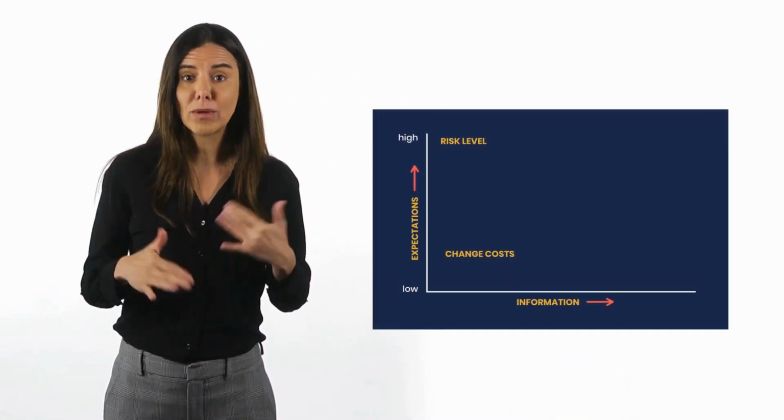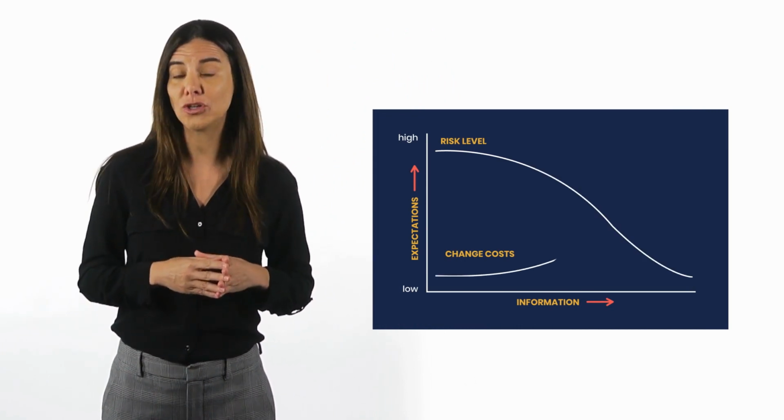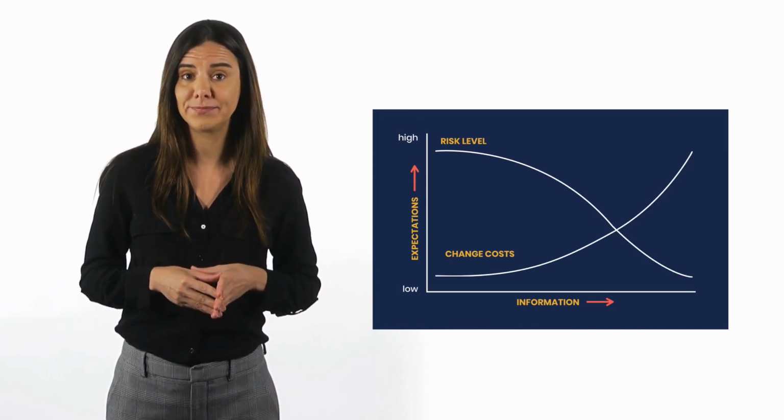However, our ability to manage risk is also very high, and the cost of doing so is very low. Because no commitments have been made yet, stakeholder expectations are still limited, and no resources have been invested in execution. As the project progresses, our ability to address risks decreases, and the cost of managing them increases.